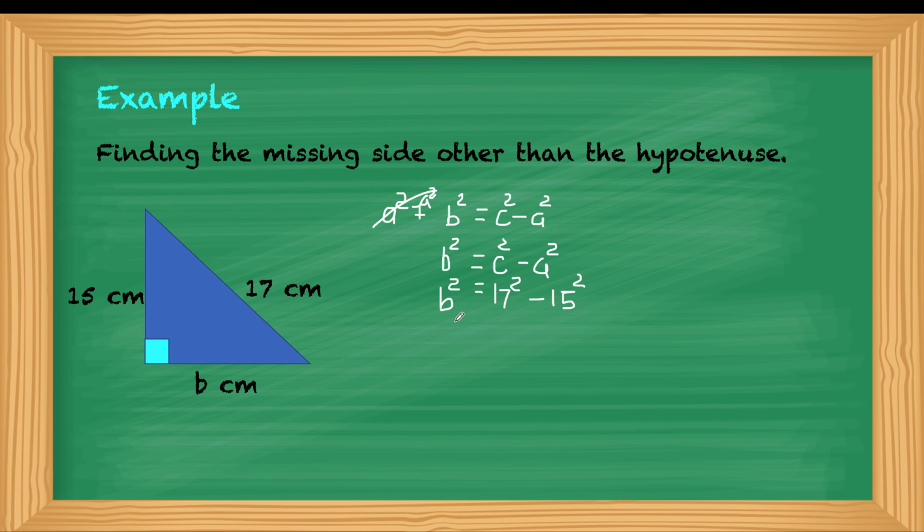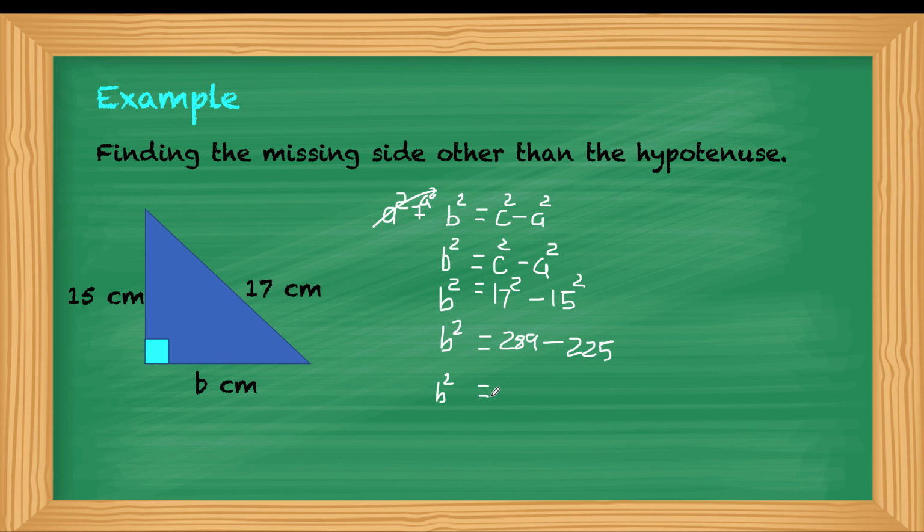Now when I find 17 squared, I would get 289. And when I multiply 15 by itself, I would get 225. Now, when I subtract 225 from 289, I would get 64.